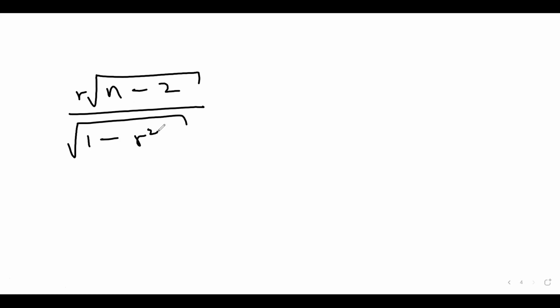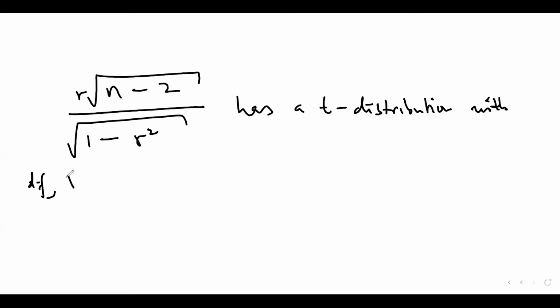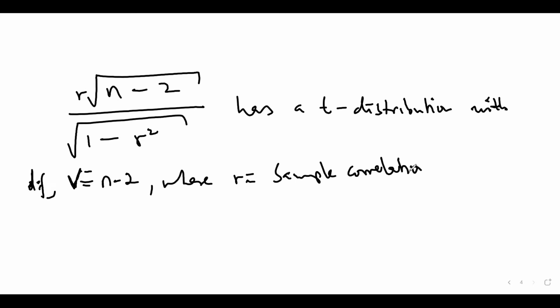This has a t distribution with degrees of freedom, sometimes denoted by v, equal to n minus 2, where n is the size of the sample, and r is the sample correlation coefficient.